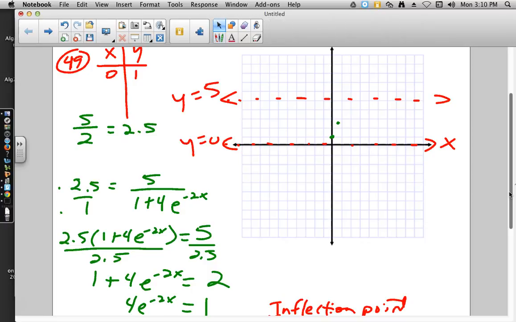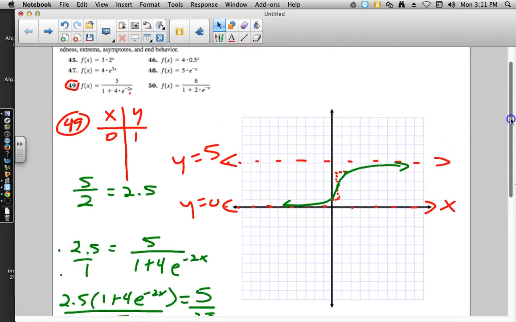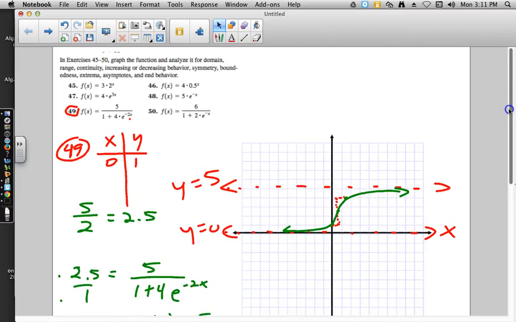So what you want to do is think, okay, if I go from here to here, I want to do about that same thing here. And that will get us about right there. So, without a graphing calculator, we get a pretty good look at what this graph is going to do just by using symmetry. So now we had all of those questions that we had to answer involving all of the behaviors.